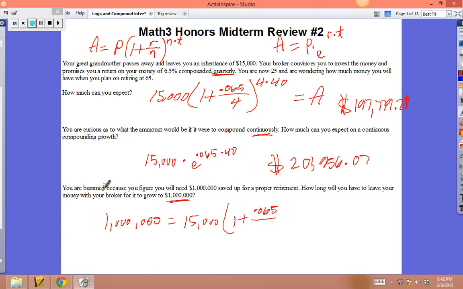You're leaving it with your broker, so it's compounding 4 times a year, quarterly. And now the unknown is how long you got to leave it in the bank. So T is now the unknown.